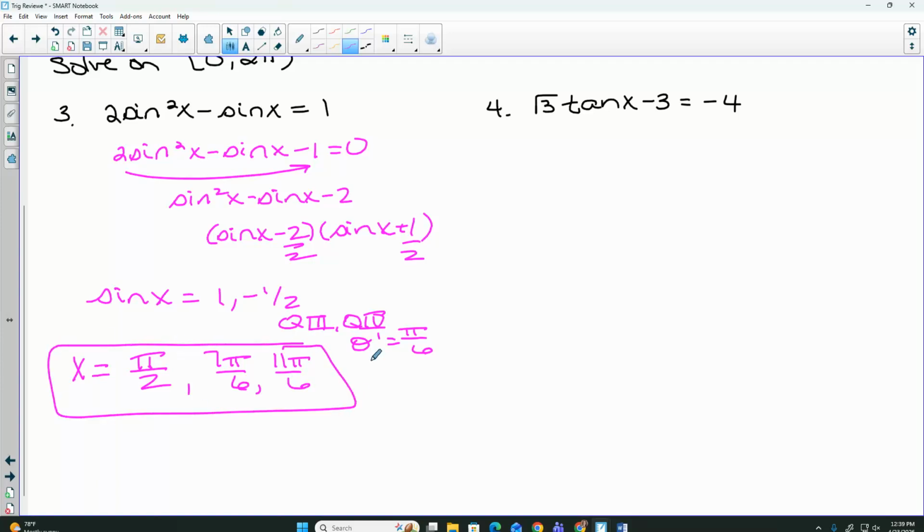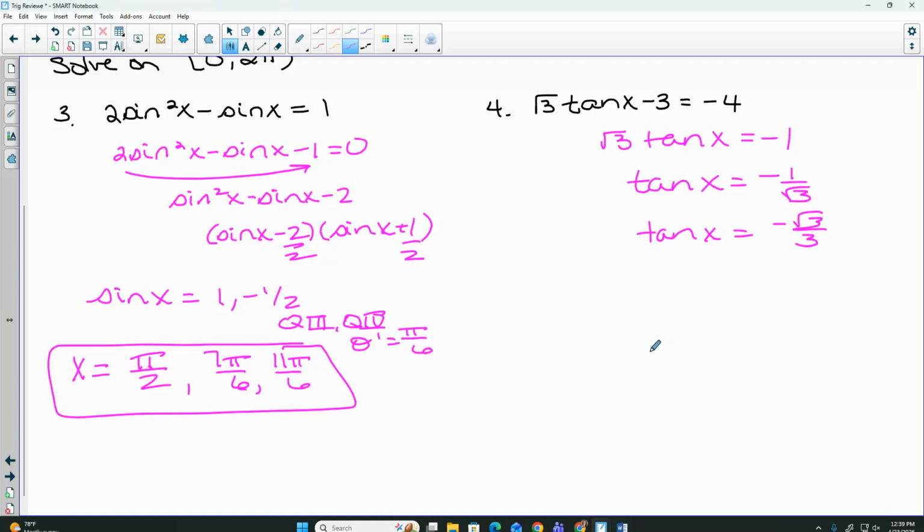How'd you guys do on that one? All right, number 4. What would I do? Divide by square root of 3. Negative radical 3 over 3.